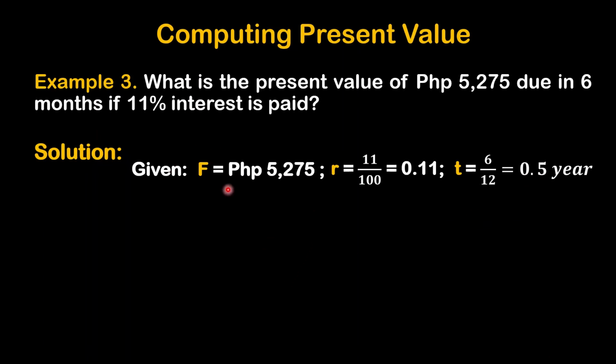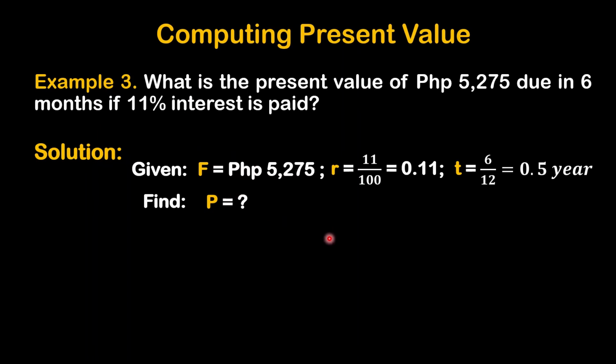Now, as you can see here, what we are given is the future value, the rate, and T. Now to solve for the P, since our goal is to solve for the P, we cannot use the usual formula to compute the interest because the interest is not given here. Rather, what is given is the future value.